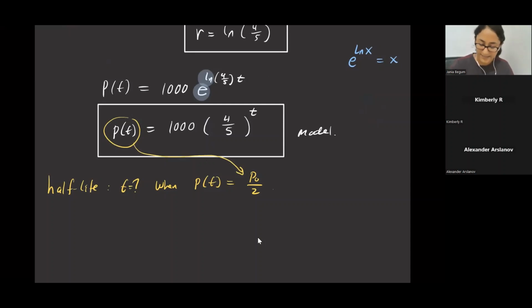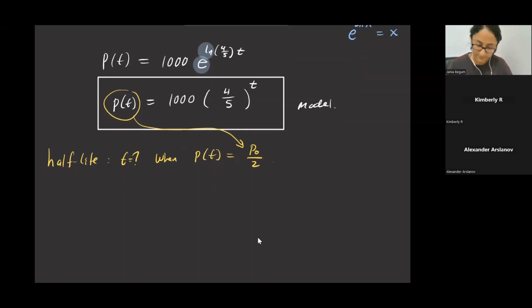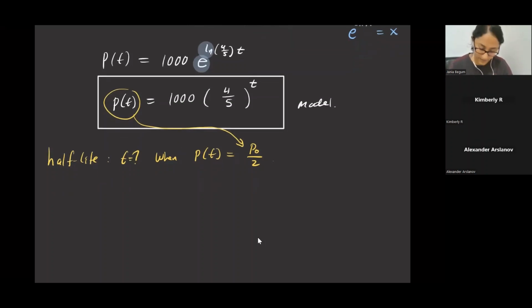Let me know if that makes sense. Okay, so you take the initial, which is 1,000, and divide it by 2. So we take 1,000 divided by 2 is equal to whatever is on the right-hand side. Just rewrite that, and you're solving for t.